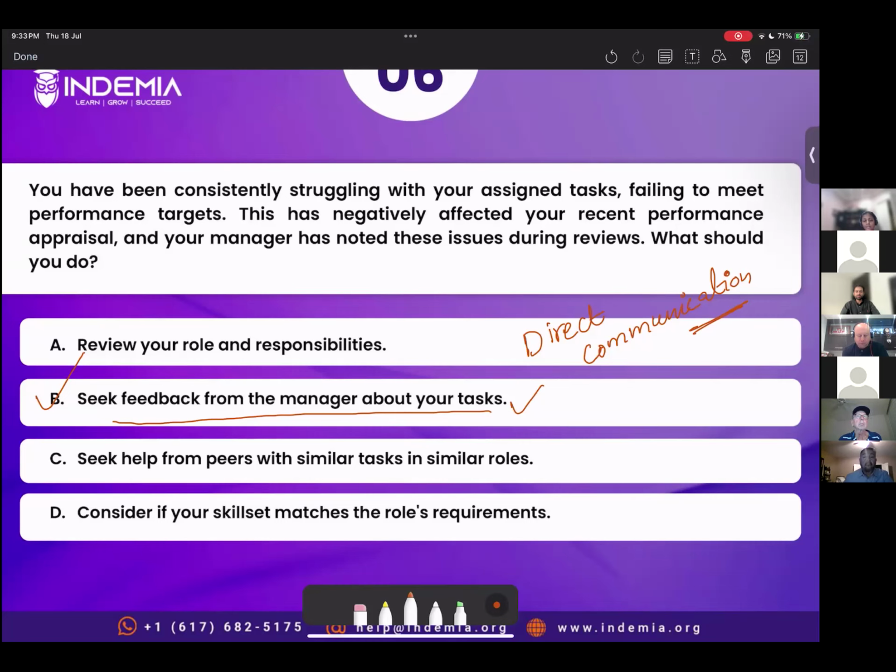We can only see the manager has noted these issues during reviews. If they have noted some issues, you need to talk to them to understand those issues. Since there is no specific information that says you already had that conversation, we cannot assume that. But yes, based on how some organizations do these appraisals, you're absolutely right. Conversation is part of the process, but since in this situation there is no such thing mentioned, we cannot assume that.